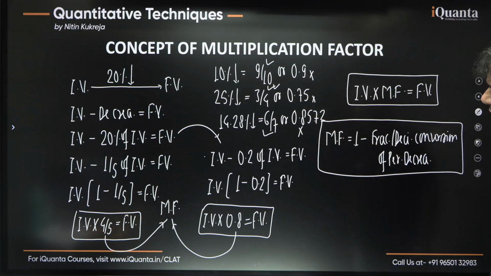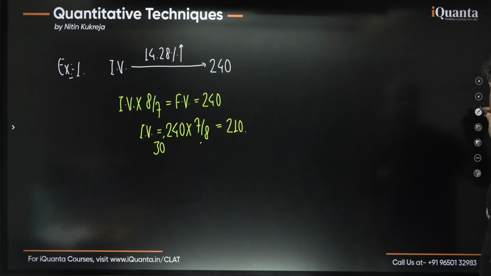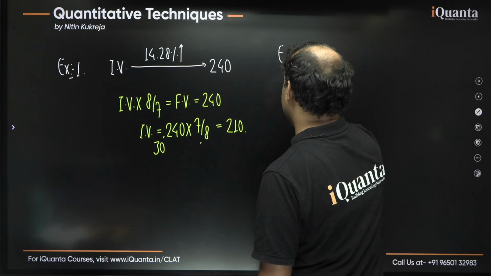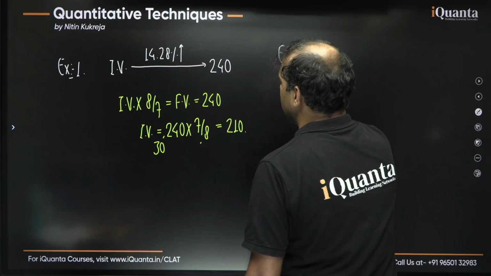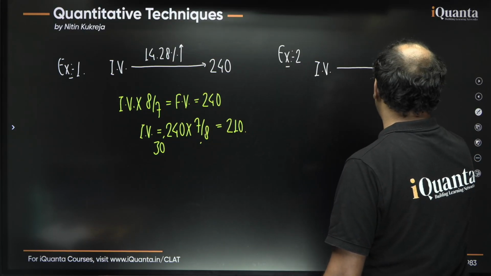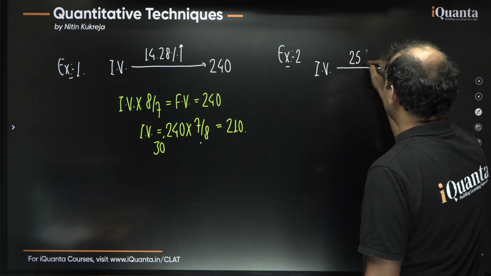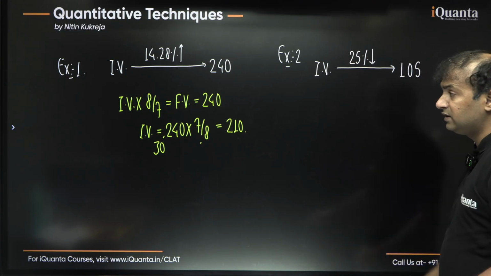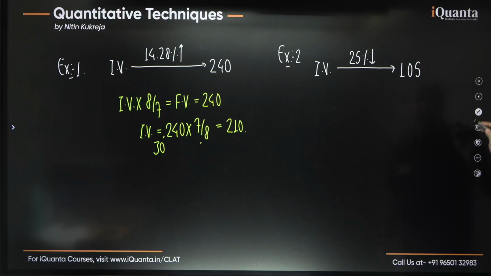Now, if I put another example in which again we have to find the initial value. Let's say a value is decreased by 25% and it becomes 105, and we have to find the initial value. So how can we do that?